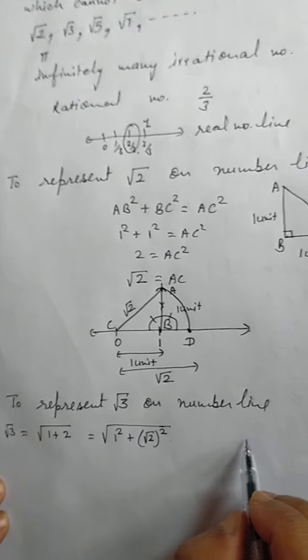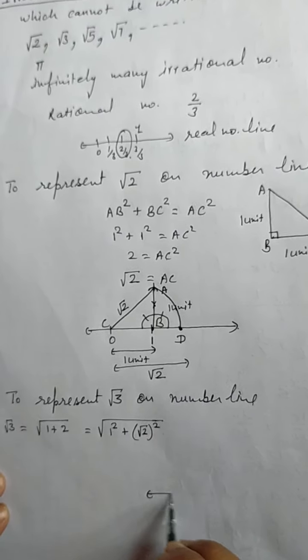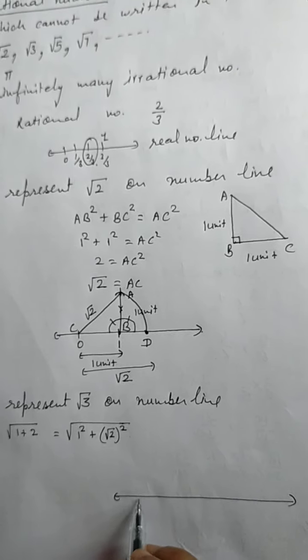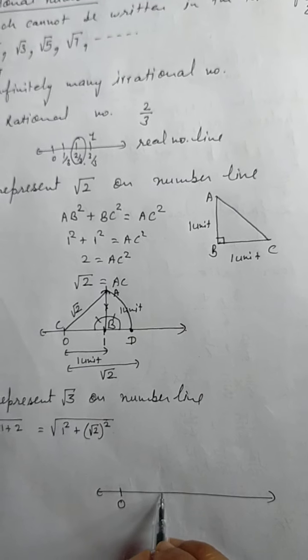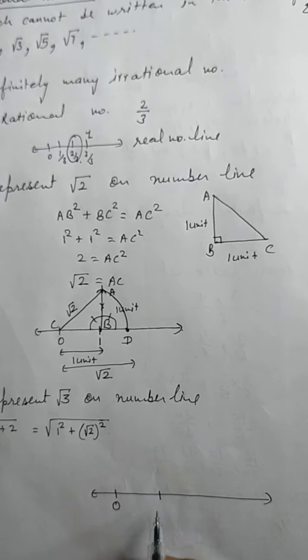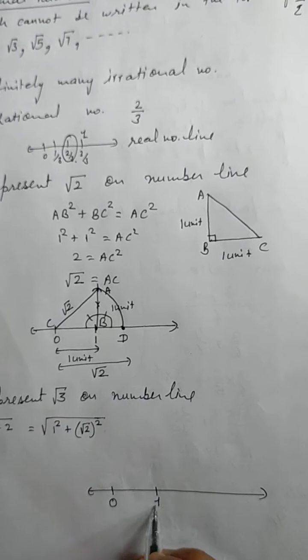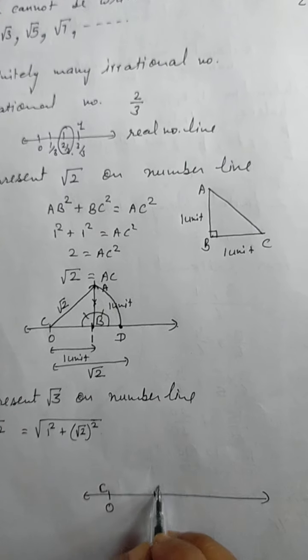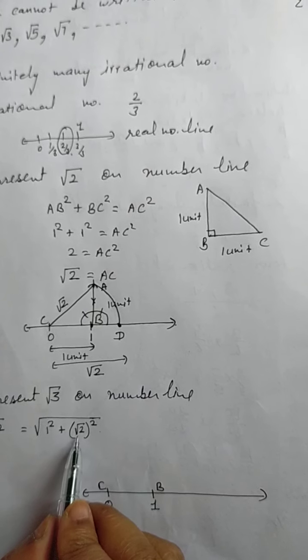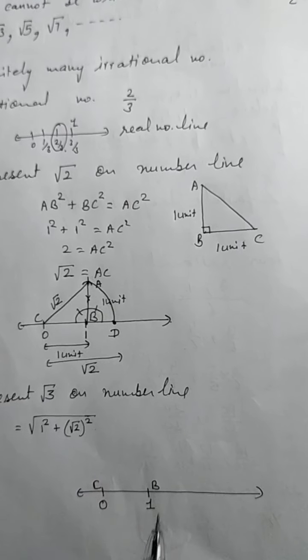Then what we will do, we will again draw the number line. We will take a point, suppose this is the 0 mark. Then you take a point at some distance. Suppose this distance is 1 unit. This point is suppose C, and this point is B. First of all, we will represent square root 2 on the number line.